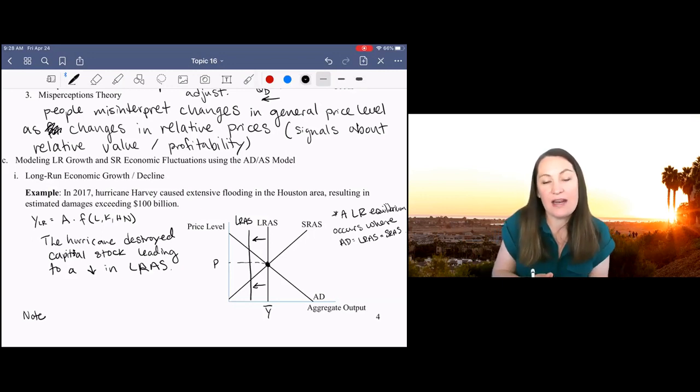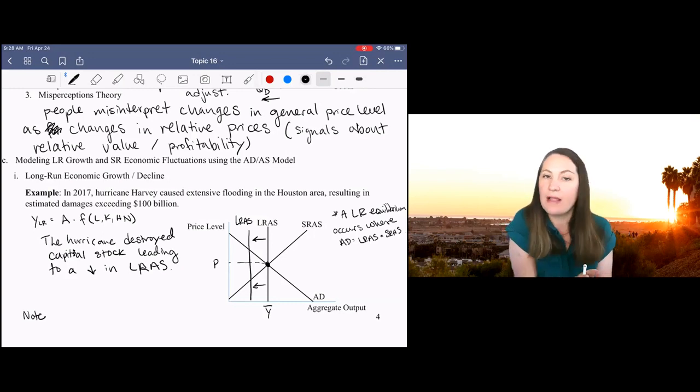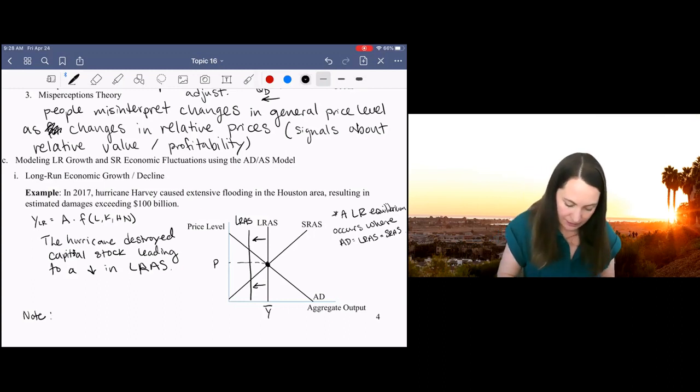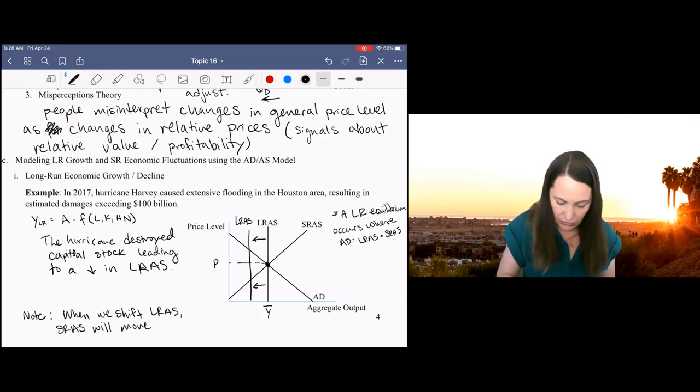So because now we have a new long run potential, the short run aggregate supply curve showing those deviations will shift right along with long run aggregate supply. So when we shift long run aggregate supply, the short run aggregate supply curve will move right along with it.